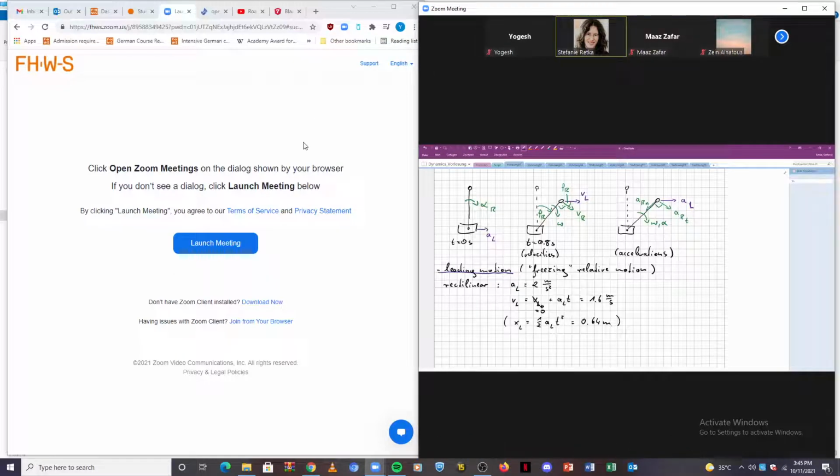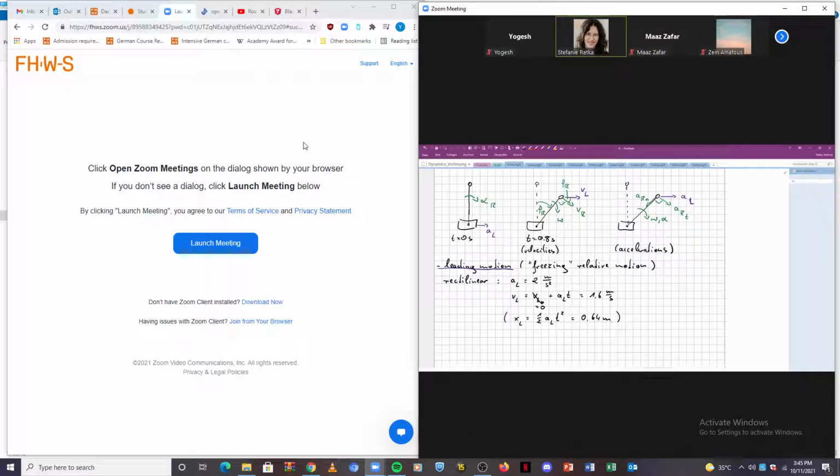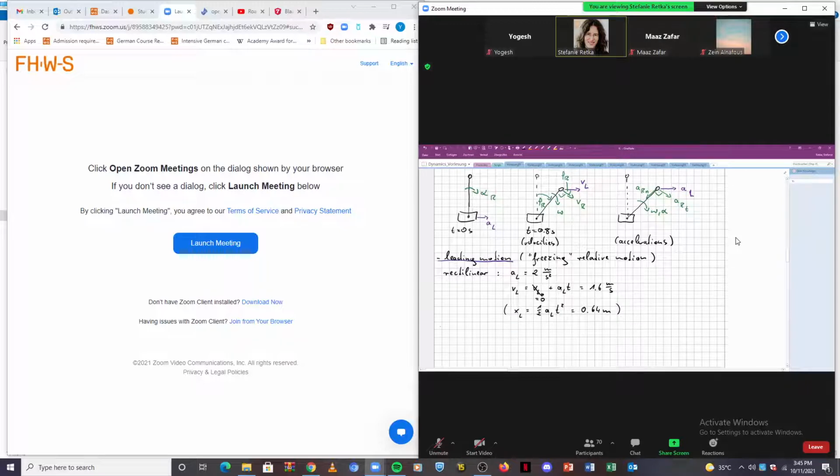Okay, that's all we have to do for the leading motion. Then let's discuss the relative motion.